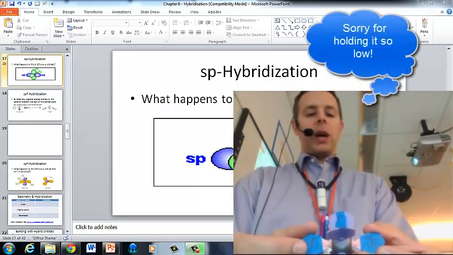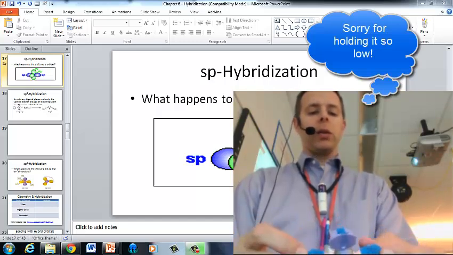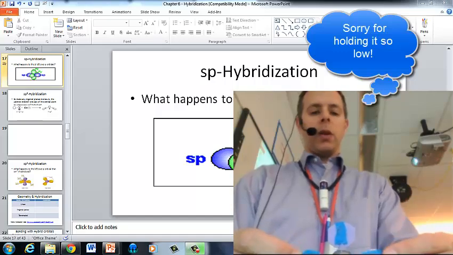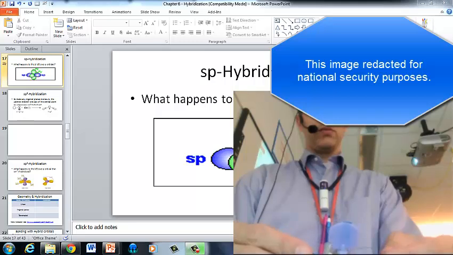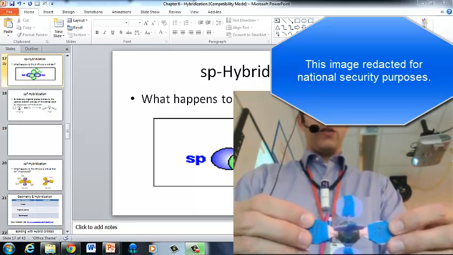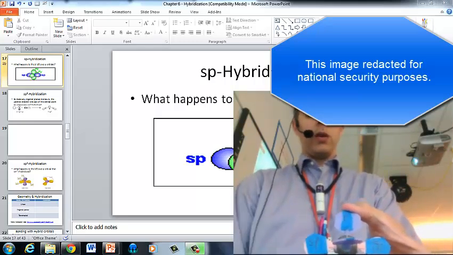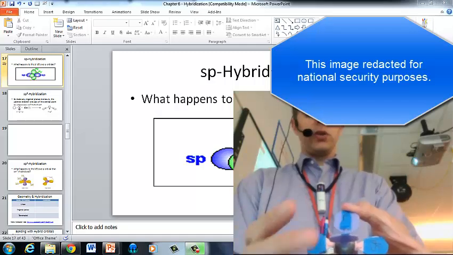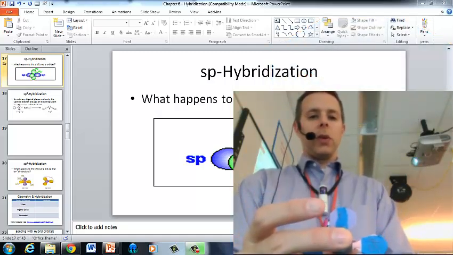The p orbitals I made purple, and the sp orbitals I made pink, although they have blue tape on them. So my sp orbitals I'm holding in my hands, they point to the left and the right, and then there's two leftover p orbitals. One I'm holding in my fingers right now, and now I'll switch, and here's the other p orbital that I'm holding in my fingers now.